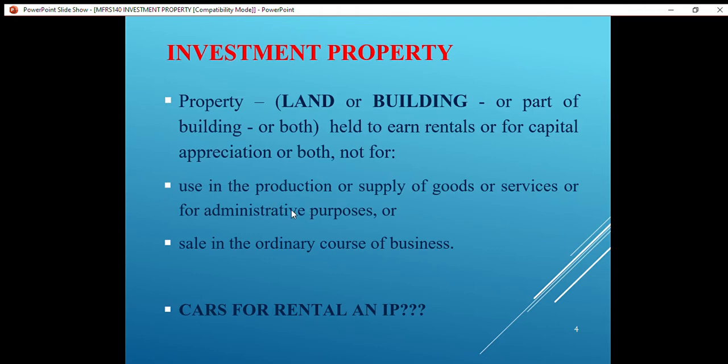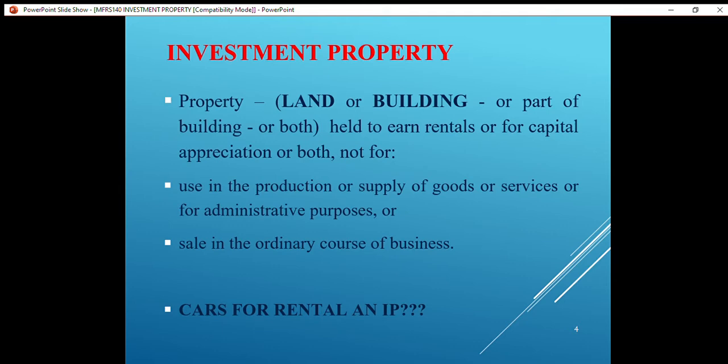The land or building also should not be held for sale in the ordinary course of business. If it is held for sale in the ordinary course of business, it should be classified as inventory, instead of investment property.